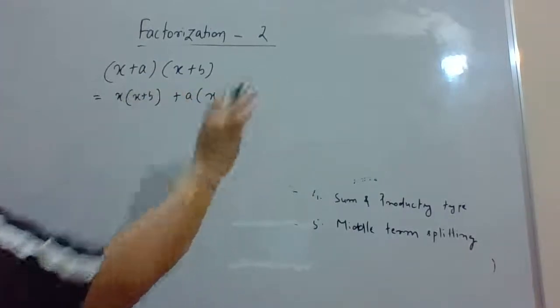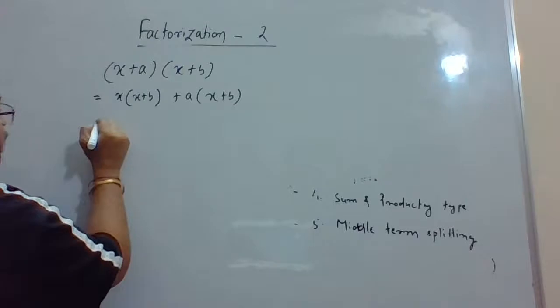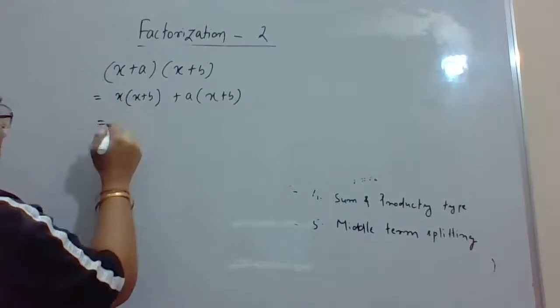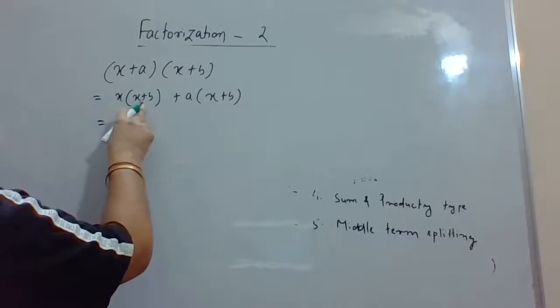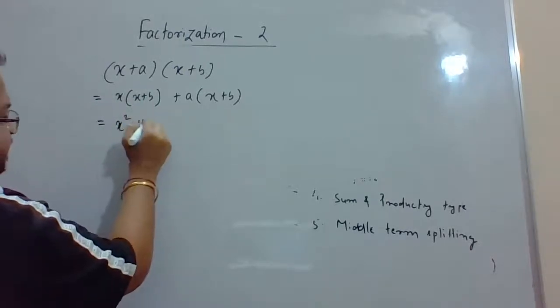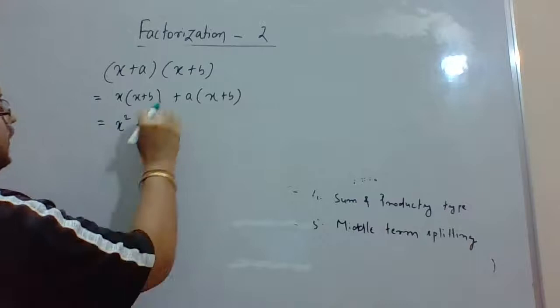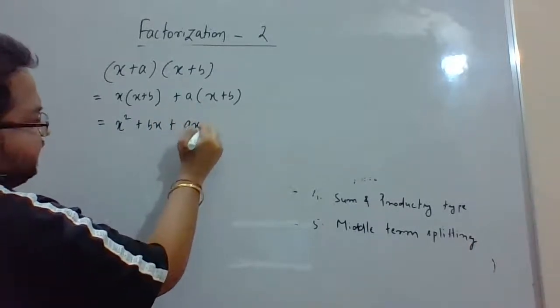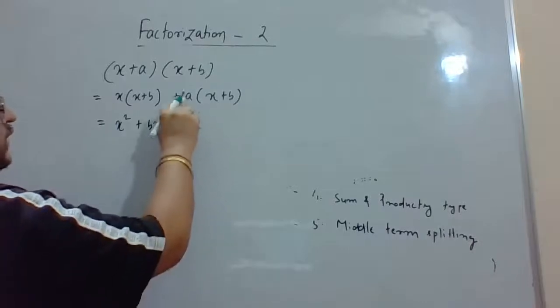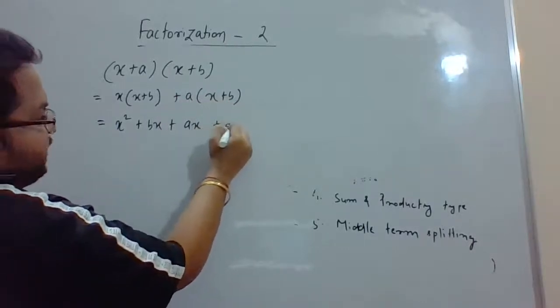I'm just expanding this expression. So x into x is x squared, plus x into b is bx, plus a into x is ax, and then a into b is ab.